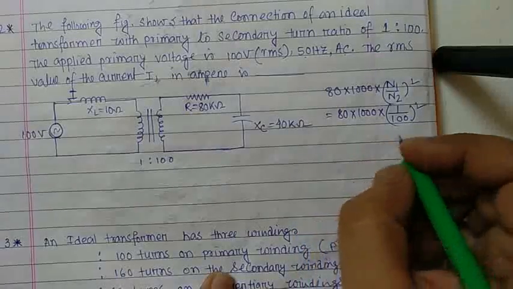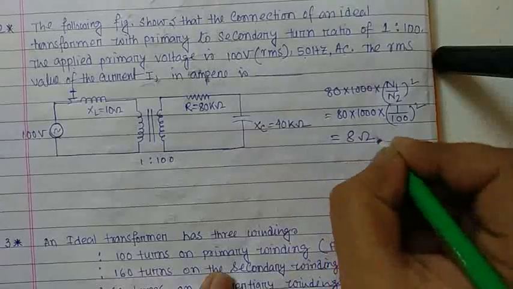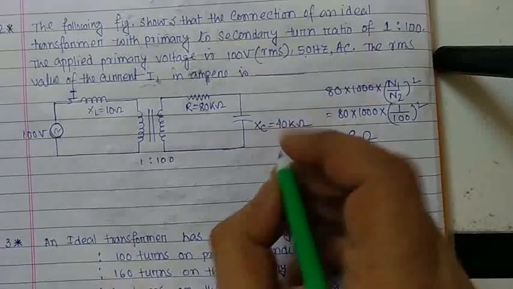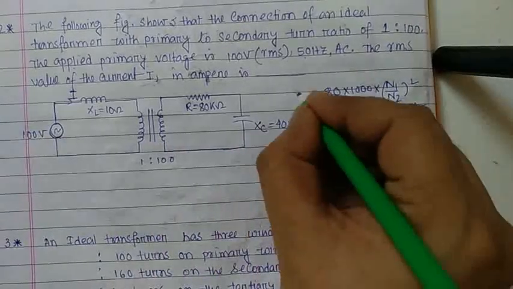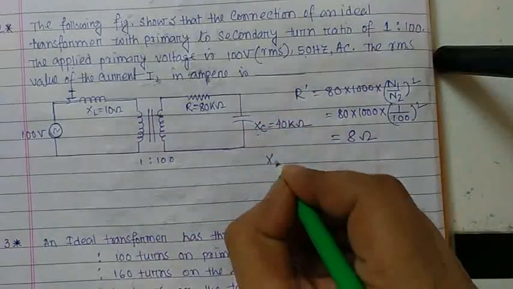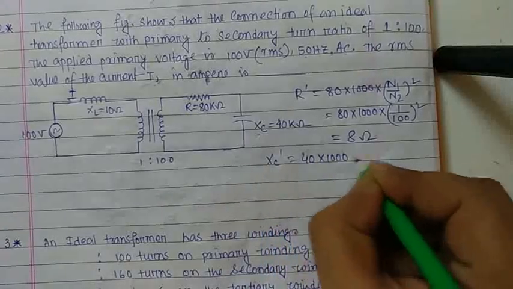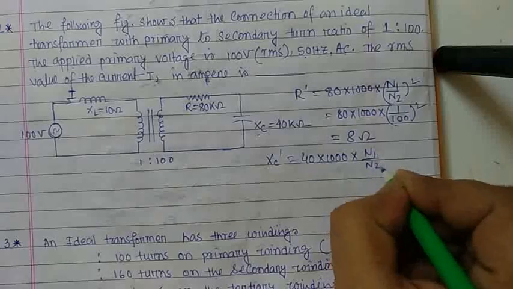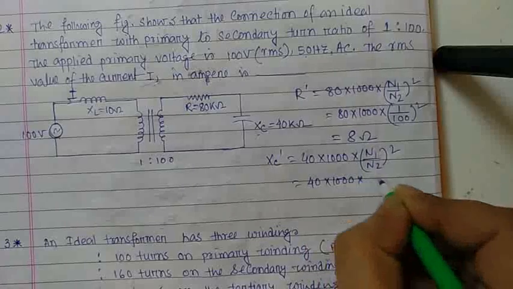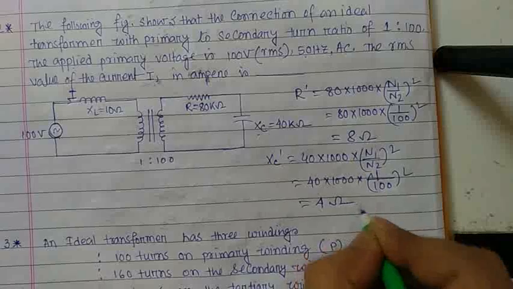Very simple. So the value is 8 ohm when the 80 kilo ohm resistance is referred to the primary. Similarly, the XC value referred to the primary is 40 into 1000 into 1 by 100 square, that is 4 ohm.